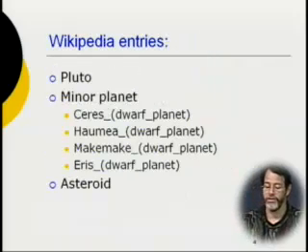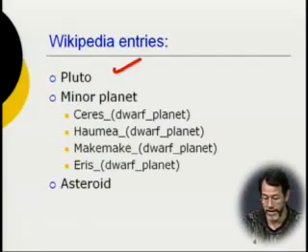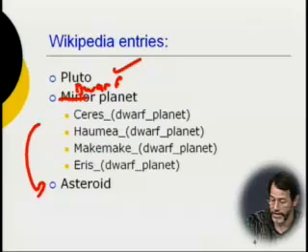So the Wikipedia entries you'll be responsible for today are Pluto. Actually, now that I see minor planet, I should have had another term, which is dwarf planet. Minor planet's going to take you to asteroid, actually. So make this dwarf planet.